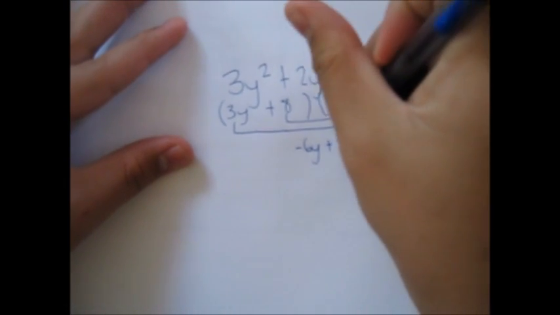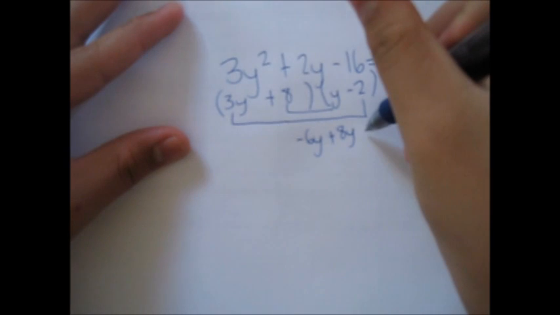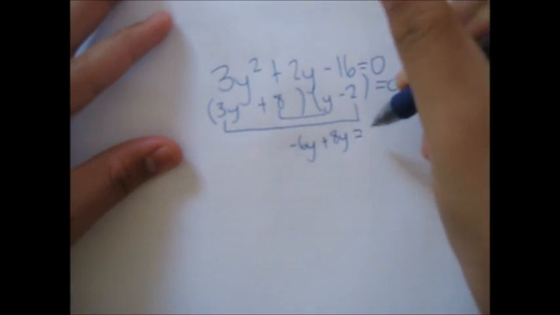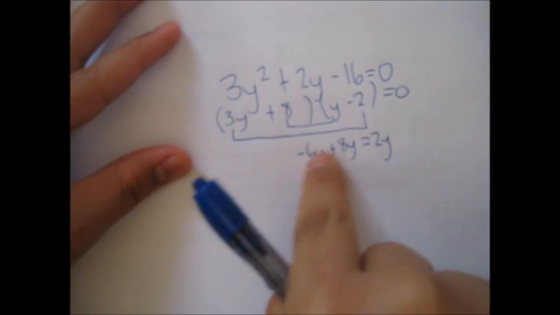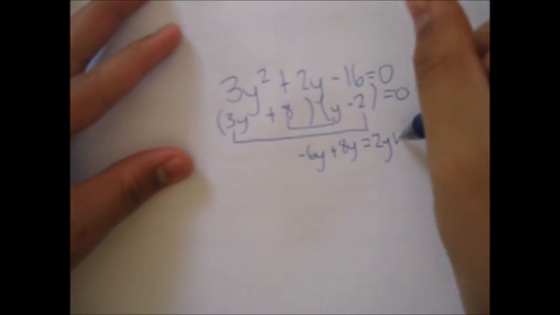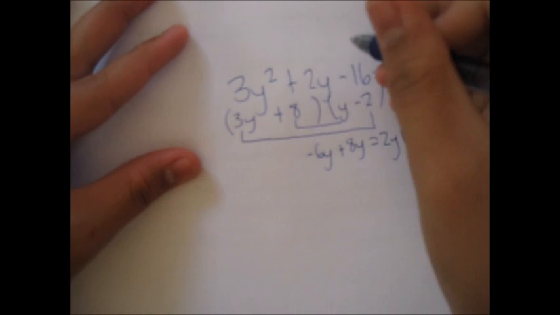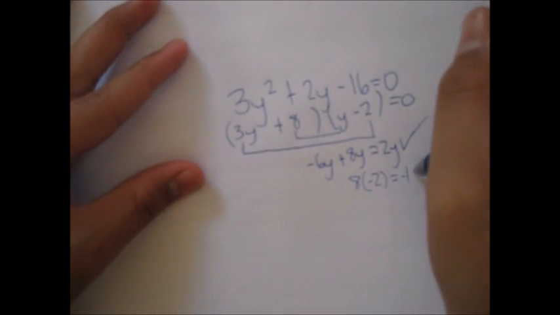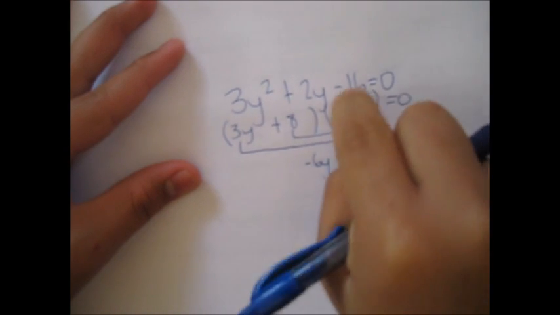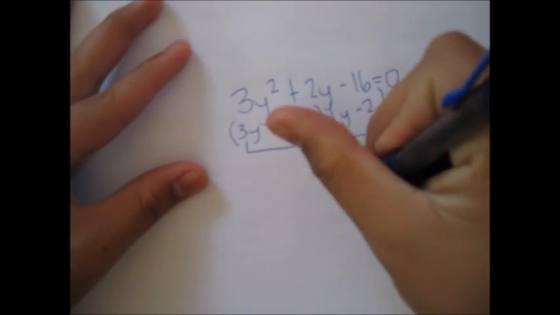So then you want to multiply the first and last and the two middle terms. So then you get -6y plus 8y equals 2y. You can also check that you multiplied correctly to find the last term in the trinomial, which is -16.